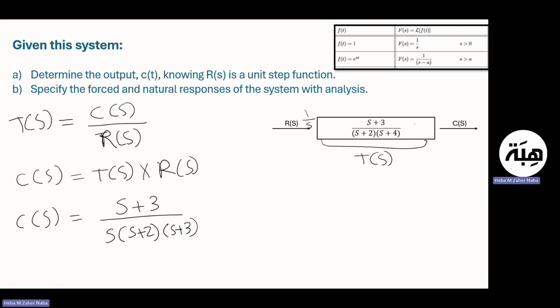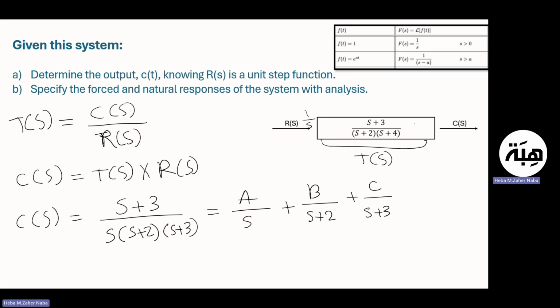Now, how can I transform my output from the frequency domain into the time domain? What we can do here is apply partial fractions. So this would become A divided by S plus B divided by S plus 2 plus C divided by S plus 3.